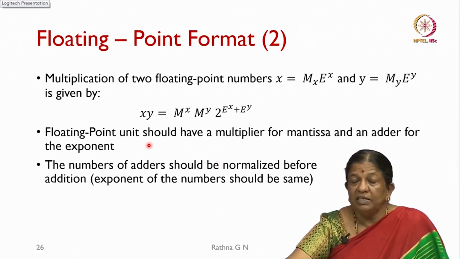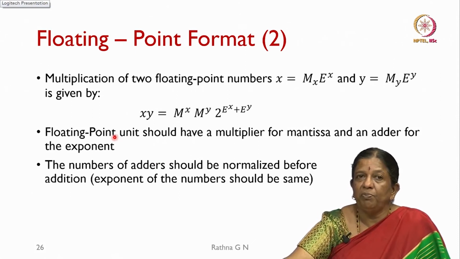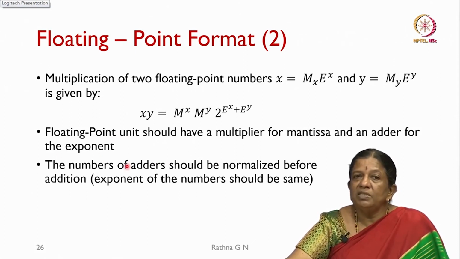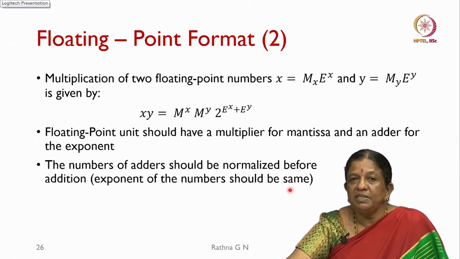This is the architecture definition you get from floating point. The numbers should be normalized before addition, that is, the exponents of the numbers should be the same for adding. It is not as simple as multiplication.